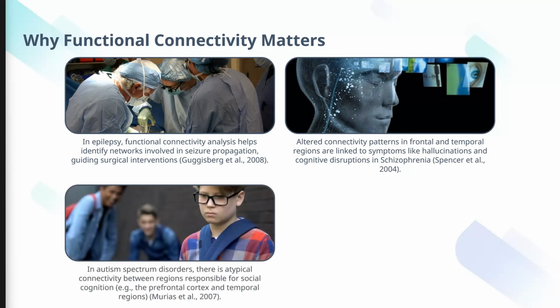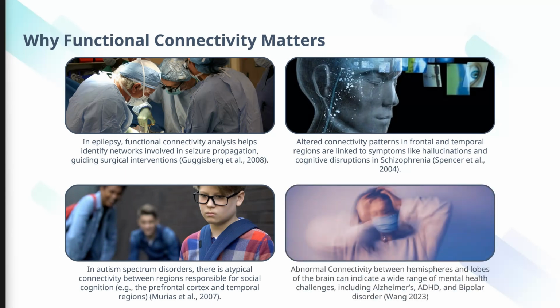There are a lot of studies about how in autism spectrum disorders there are different forms of atypical connectivity between the regions responsible for social cognition. And abnormal connectivity between hemispheres has a wide range of applications, from Alzheimer's and ADHD to even bipolar disorder. There's a lot of research on how connectivity affects these things.